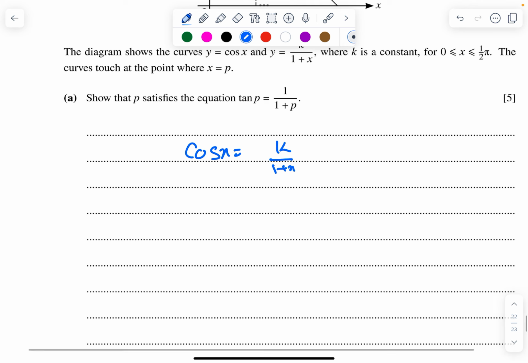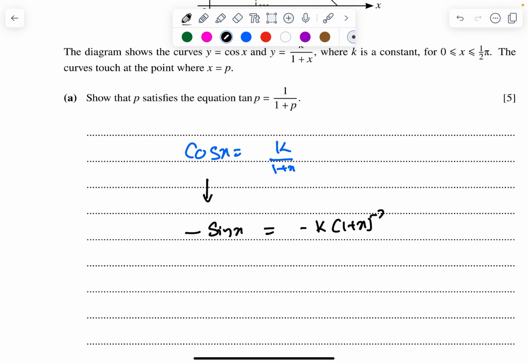So I'll be finding dy by dx. Dy by dx is nothing but minus sin x, and dy by dx for this one will be minus k times 1 plus x whole to the power of minus 2. Both should be equal, so minus minus cancels. Sin x equals k upon 1 plus x whole square.